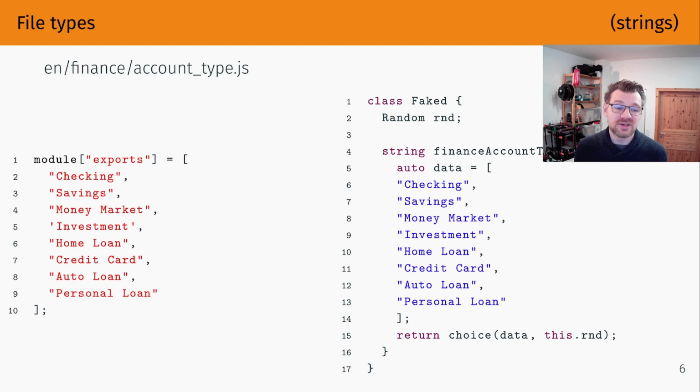What we would do is take the array, copy it over into a D file, and take the file path and turn that into the method's name. As D is normally a camel case language, we have to turn the snake case file names into camel case. That was actually by far the most difficult bit. The rest is mostly trivial stuff.